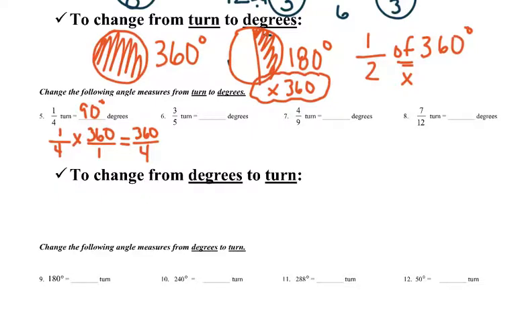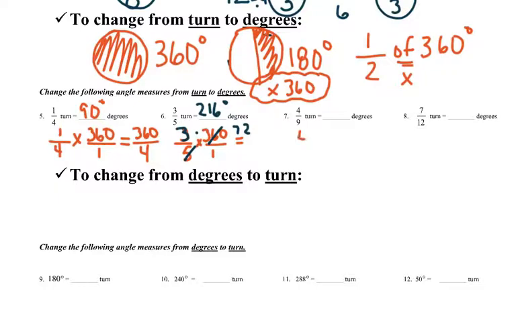Now you can use a calculator to help you with this if you want. 3/5 times 360. If you don't have a calculator, you might remember something called cross-canceling, right? We would say 5 goes into 360 72 times, and then 3 times 72 is 216. Or you could just type that on a calculator.